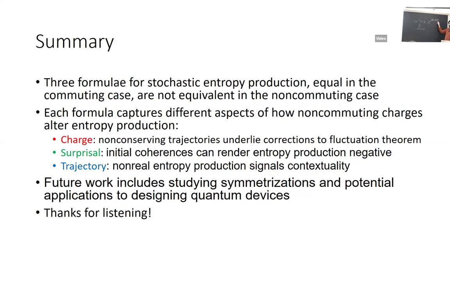Sigma x and sigma y don't commute, so this state is not going to be diagonal in either sigma x or sigma y. Okay, I see, so our observable is in a different basis than the Hamiltonian. Yes, exactly. And until one of these coefficients really dominates, this state is going to have large coherences in either basis. Okay, thank you.